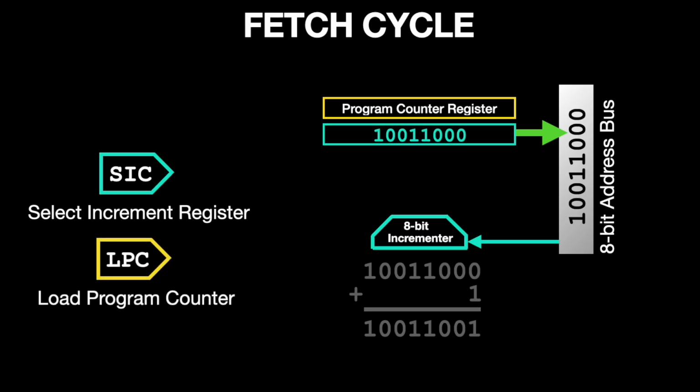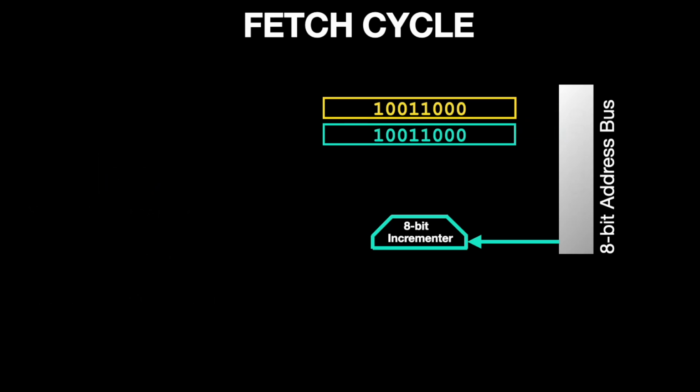The next step in the fetch cycle is to load the program counter with whatever value was just placed on the address bus. And now we've effectively loaded the program counter with the memory address of the next instruction that needs to be executed. And once that's done, we need to advance the program counter so that the computer can pick up the next instruction.